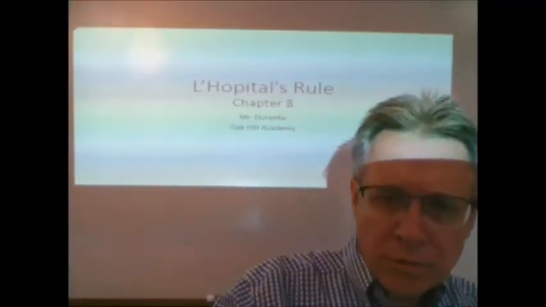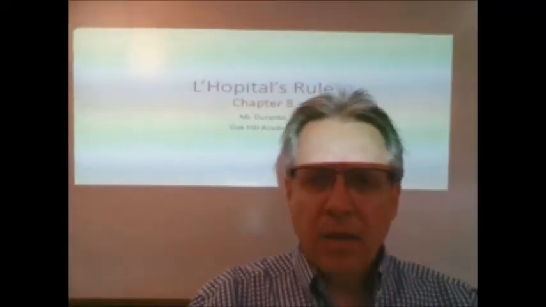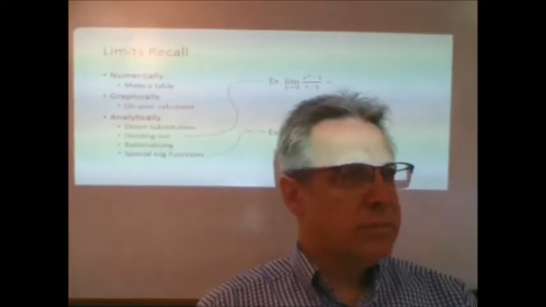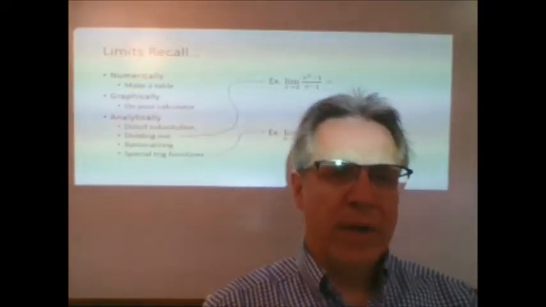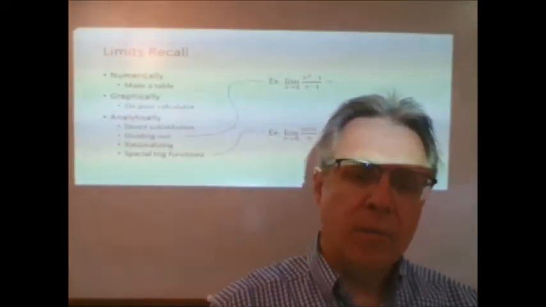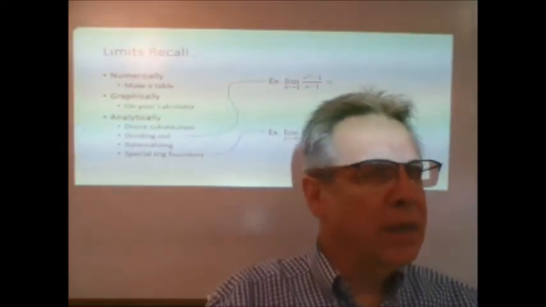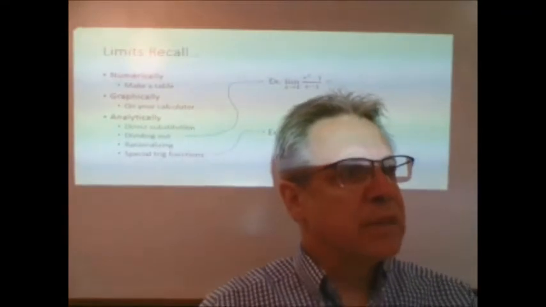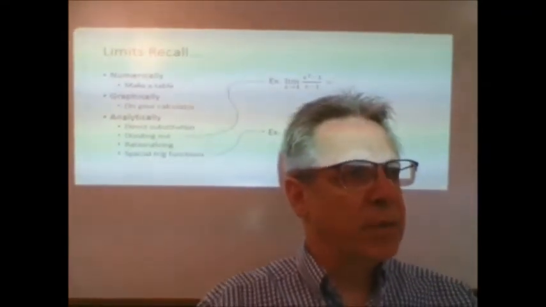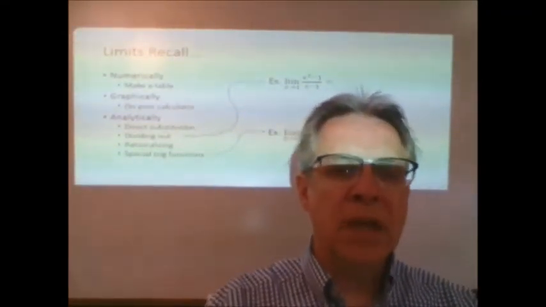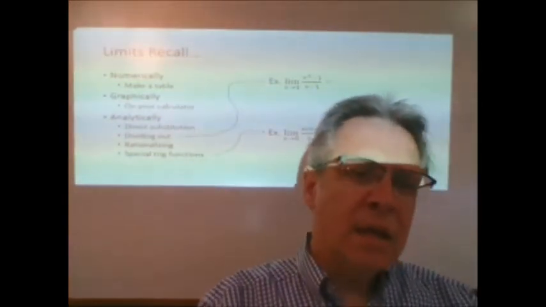So, L'Hopital's rule, we're in Chapter 8, and let's do a quick recall of what we did back a long time ago in the limits chapter. Remember, the limit is some number that's approached by some function as we approach a certain x value from both sides. And we did that a couple different ways.